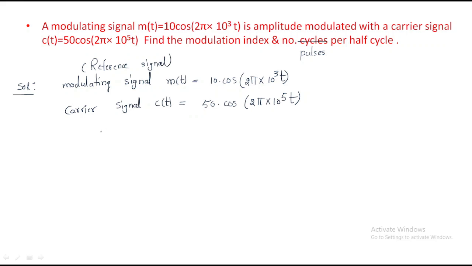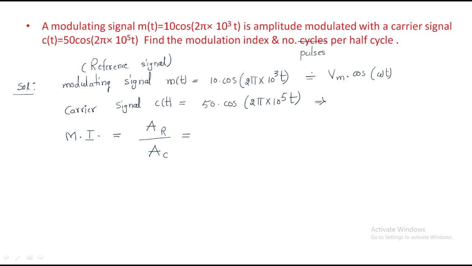The first question is to find the modulation index. What is the formula for modulation index? Modulation index means the magnitude of the reference voltage to the magnitude of the carrier voltage. Compare with the general form Vm cos omega t.